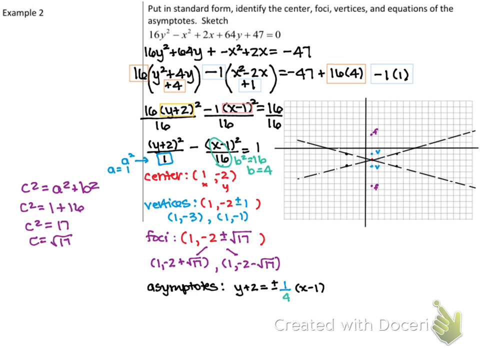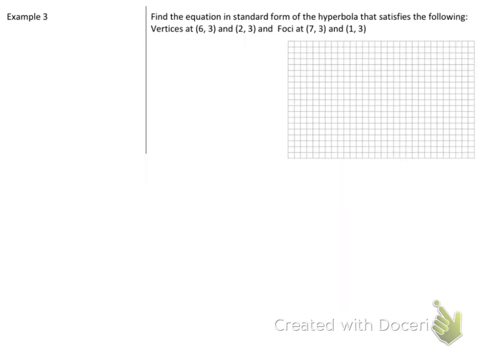Start at the vertex, hug. Remember here we don't have to worry about them actually crossing the asymptotes, which is kind of nice. Okay, there we go. Okay, so kind of the reverse.